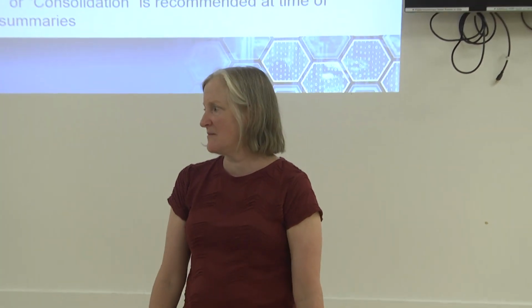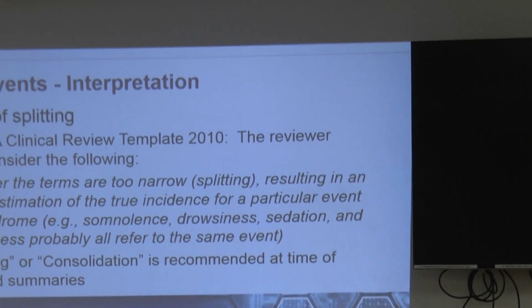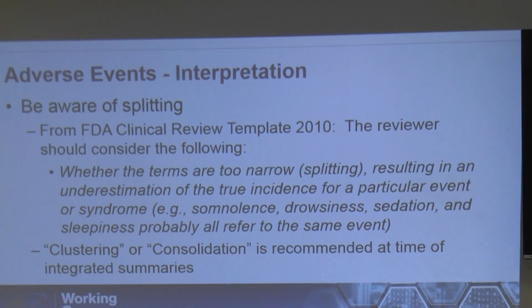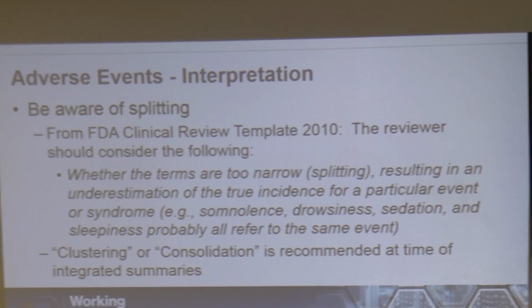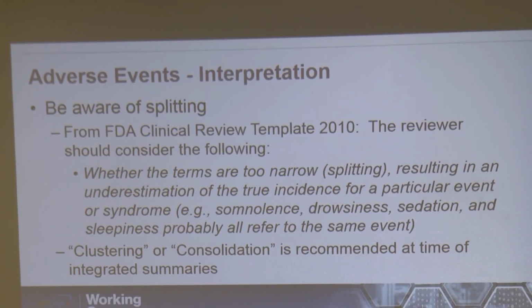Right, so this is something that was highlighted in the updated clinical review template, and it's very important for interpretation: to be careful about splitting, right? Sometimes very similar terms end up getting mapped to different preferred terms. That makes interpretation very difficult, because if the same things are split using different terms, it's going to be harder to find your imbalances and your magnitude effect. And that is why we do recommend what we call clustering or consolidation.